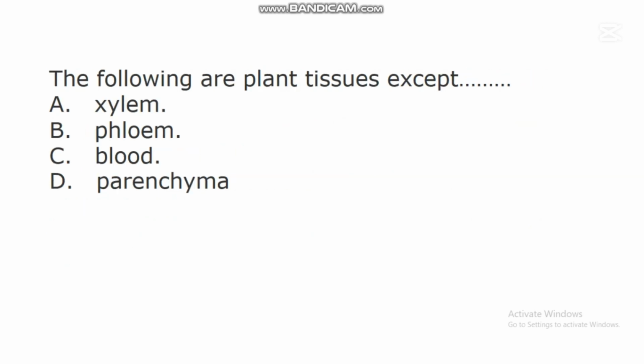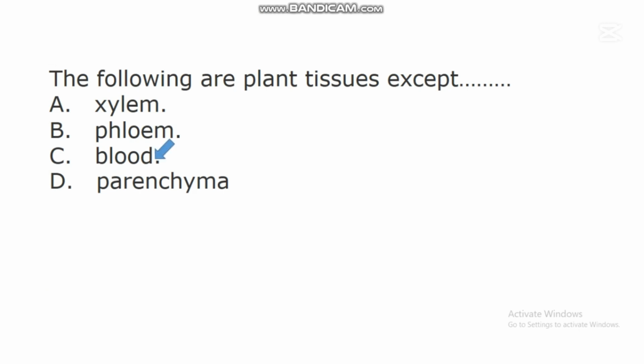The next question says, the following are plant tissues except dash. A. Xylem. B. Phloem. C. Blood. D. Parenchyma. In this question, the correct answer is C. Blood.